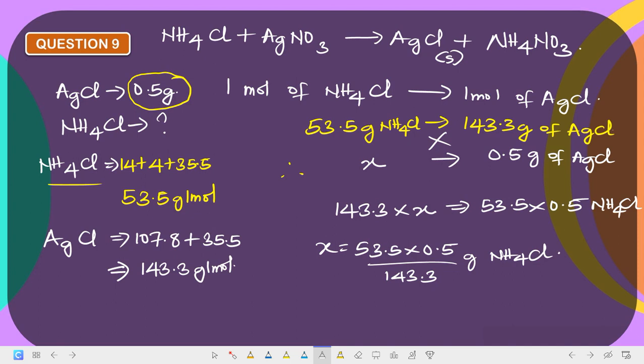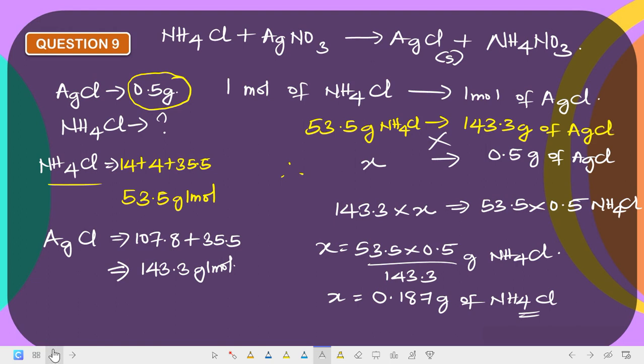When you punch this in your calculator, what are you going to have? 53.5 times 0.5, which is 26.75, divided by 143.3. X would be equal to 0.187 gram of ammonium chloride. So the mass of ammonium chloride that reacted to give 0.5 gram of silver chloride is 0.187 gram of ammonium chloride.